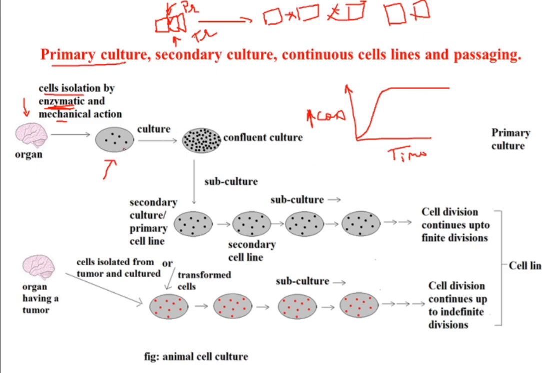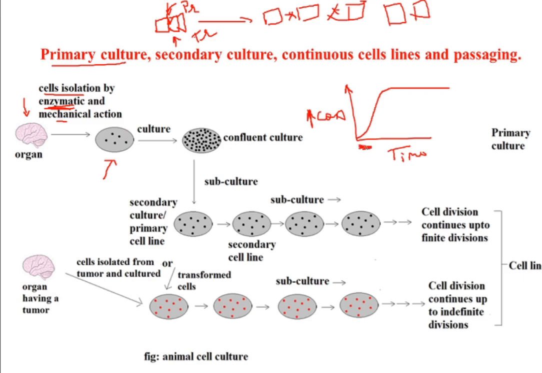Seeding means, this is a new culture where this is the media, and you have to add an appropriate number of cells. Once you add that appropriate number of cells, that is called the seeding number. Initially, once you add these cells which are excised from the organ into the culture, they will not start dividing immediately.